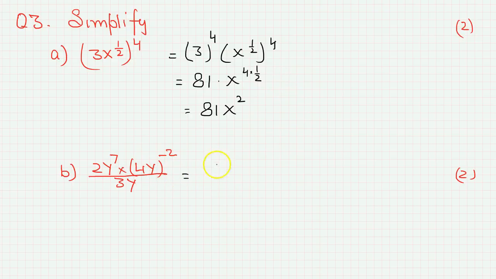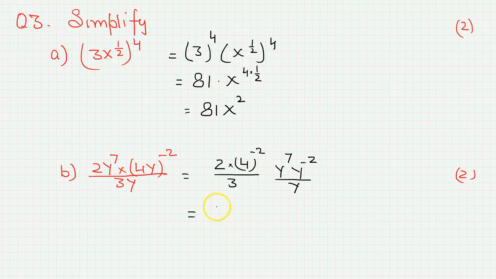Part B is, this is 2 times 4 to the power minus 2, divided by 3, and here we have y to the power 7, y to the power minus 2, divided by y.